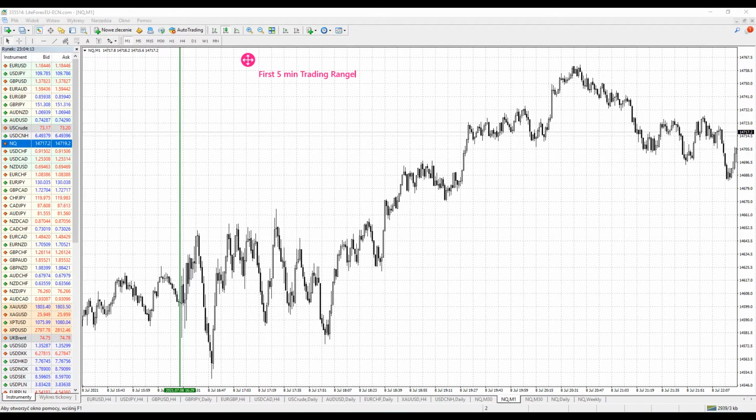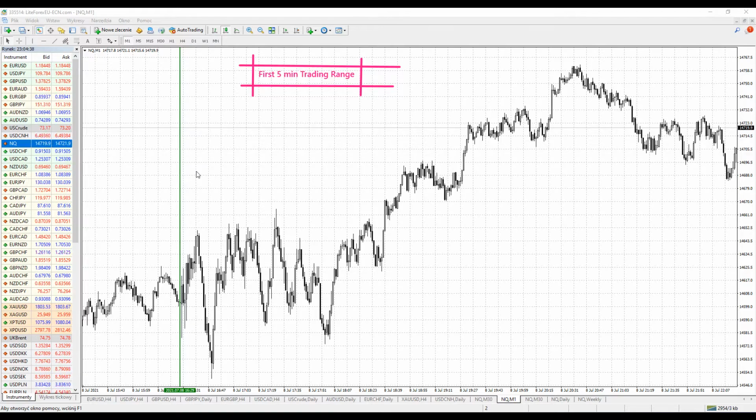So, first 5-minute trading range, and it's only related to the US cash open. I think that I did... if you've seen something similar, that's probably a different thing, all right?